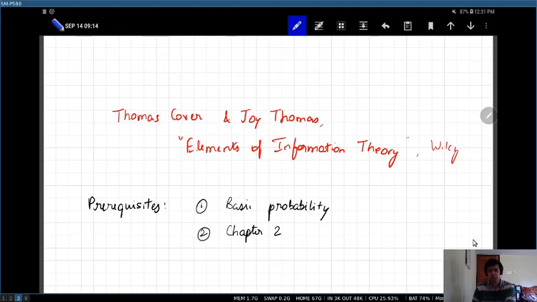I'll assume some prerequisites, which are mainly basic probability, to the extent that you should know, for example, what the weak law of large numbers is, and maybe some basic concentration inequalities like Markov and Chebyshev, and if possible Chernoff bounds. If you're not familiar with this, then you should go back to your probability textbook or lecture videos.